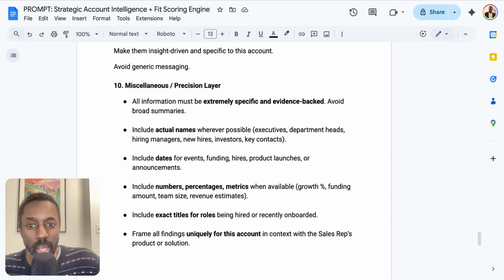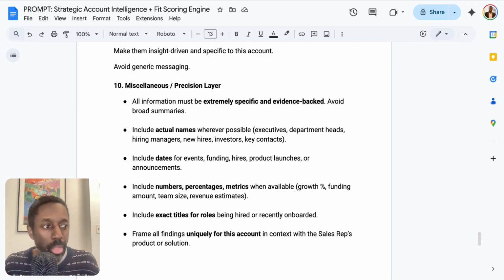And lastly, which I think is very important because a lot of times when I do ChatGPT, searching for information on accounts, it can give me a lot of high-level stuff like growth and expansion. I mean, every company wants to grow and expand and build up revenue, but let's go deeper than that. So all the information must be extremely specific and evidence-based. Avoid broad summaries.